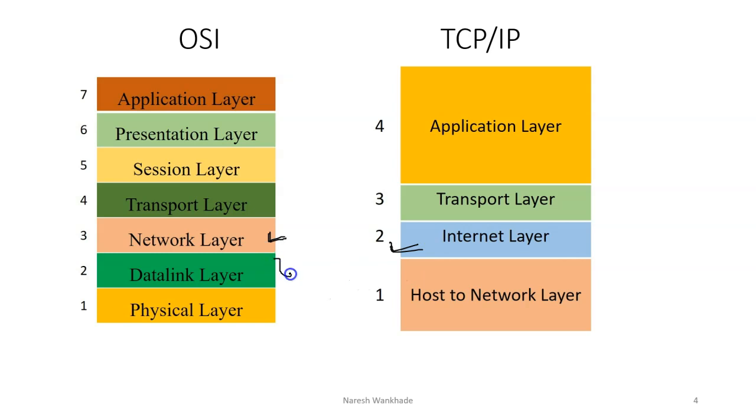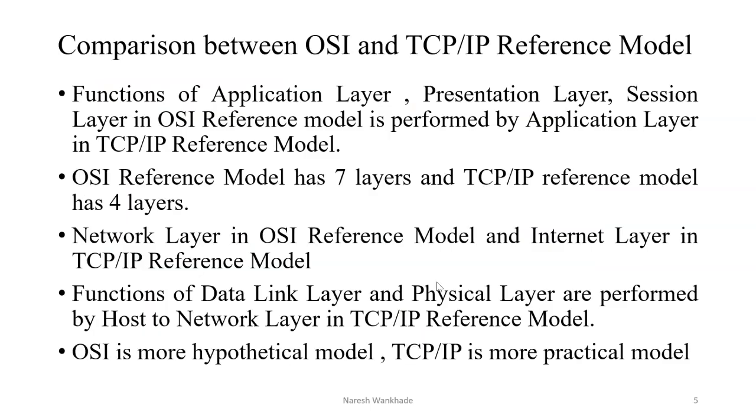OSI reference model has a data link layer and physical layer, and TCP/IP reference model is having host to network layer. Means functions of this data link layer and physical layer in OSI reference model are performed by host to network layer in TCP/IP reference model. OSI reference model is more hypothetical and TCP/IP reference model is more practical. So these are different points of comparison between OSI reference model and TCP/IP reference model.